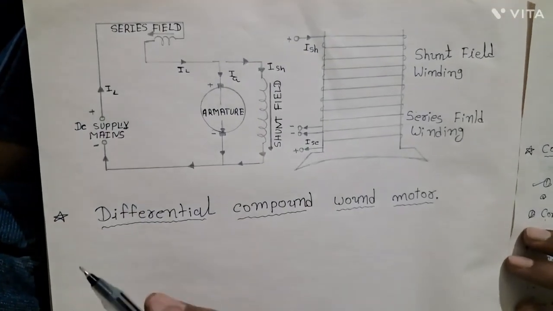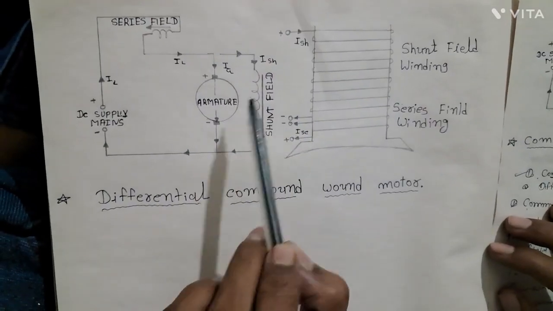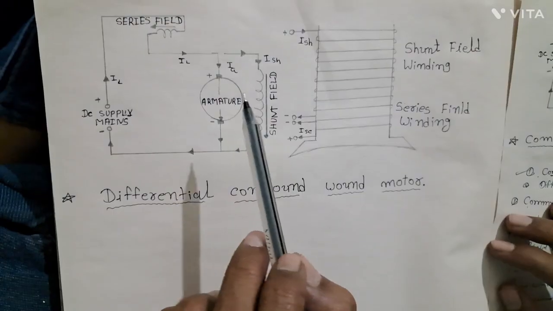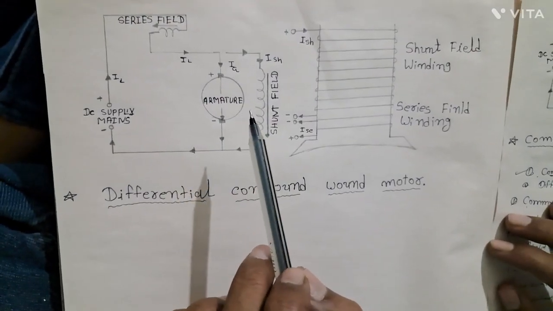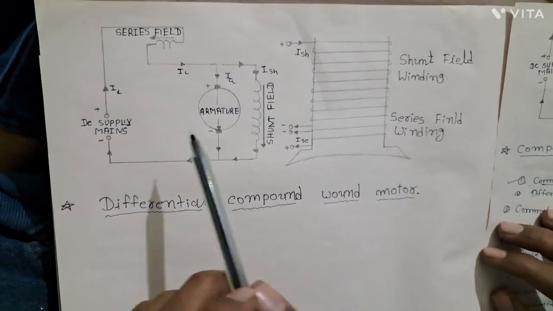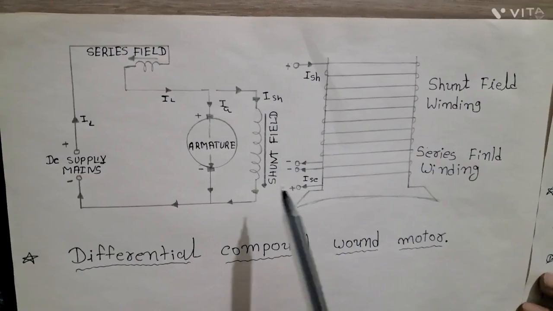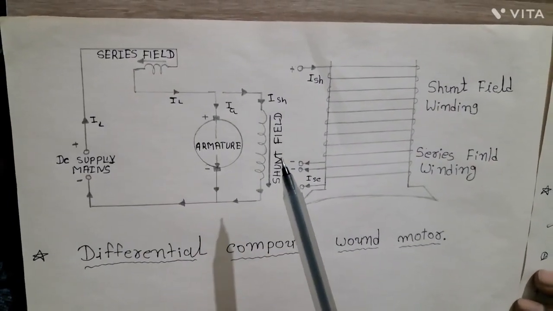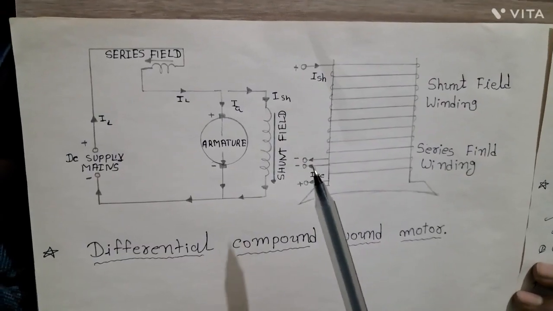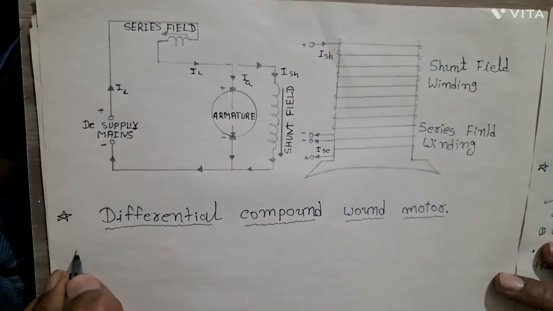First we saw the cumulative compound wound motor, this is its figure, and this is the differential compound wound motor. The differential compound wound motor is one in which the field windings are connected in such a way that the direction of flow of current is opposite to each other in the two field windings, as shown in the figure. In this type of motor, the flux due to the series field winding weakens the field due to the shunt field winding. I'll write this.